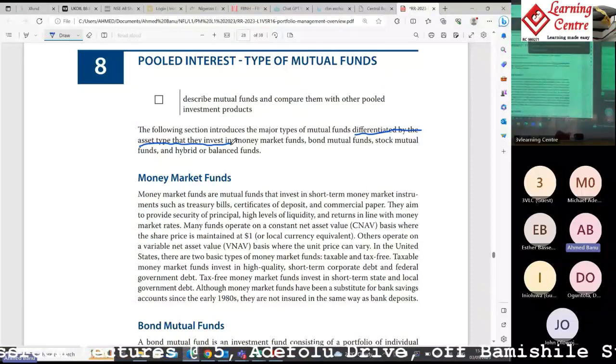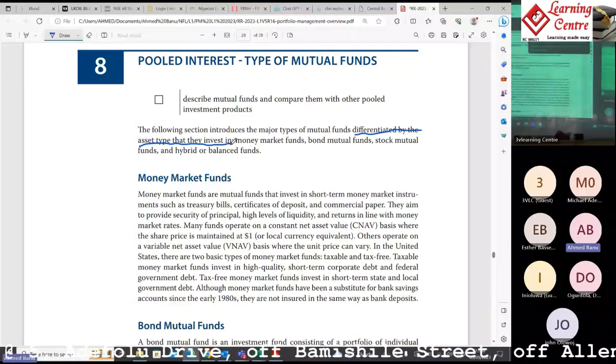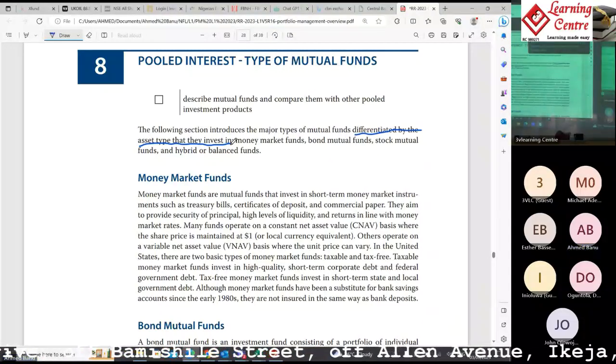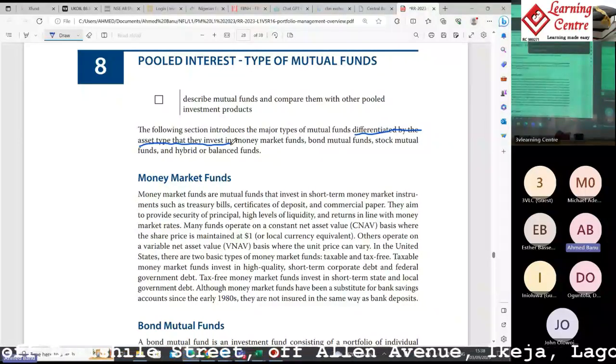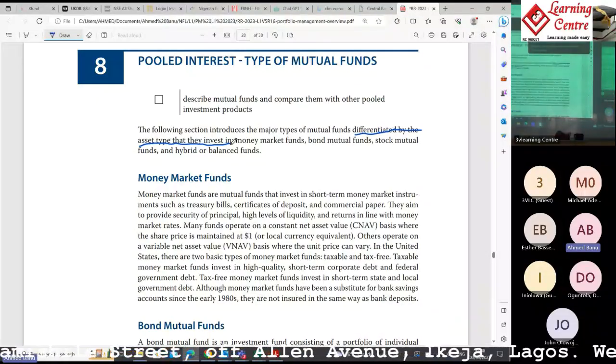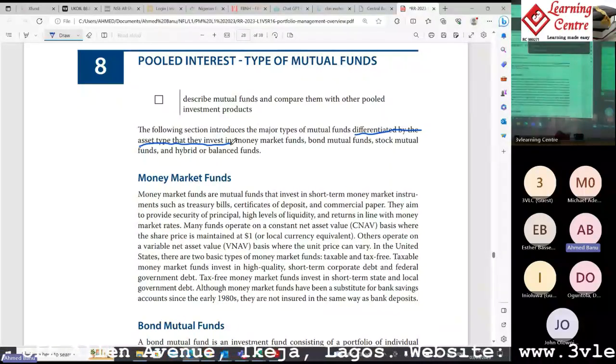That's what I call underlying assets. So if I am the fund manager and the type of assets I invest in are money market instruments, then it's called a money market fund. If it is predominantly bonds, then it is called a bond fund. If it's predominantly stocks, then it's called a stock or an equity mutual fund.